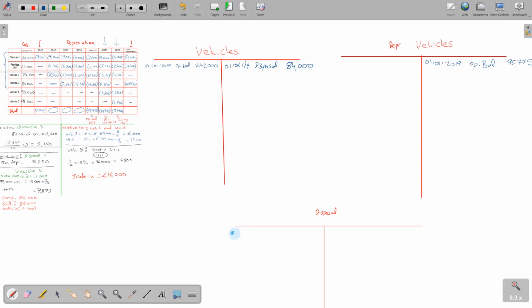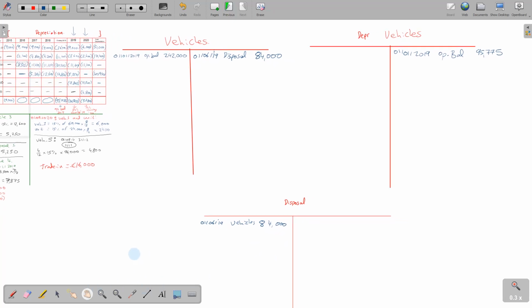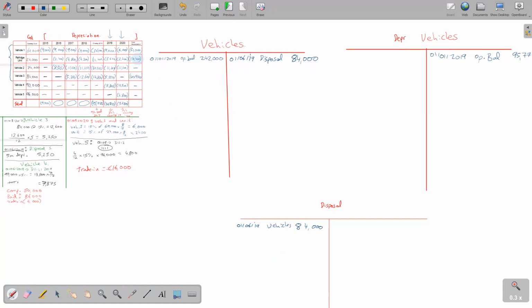So double entry. The 1st, the 6th, 19, and 84,000 coming from vehicles account. Good stuff. So we also have to take our depreciation for van 3, which is 40,950, sending it to disposal on the 1st of the 6th, 19. I keep saying 21.